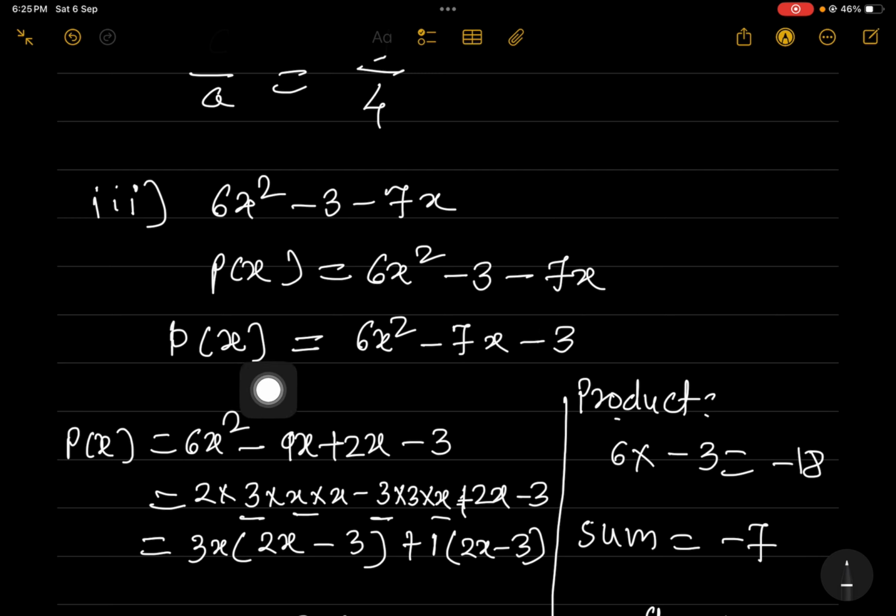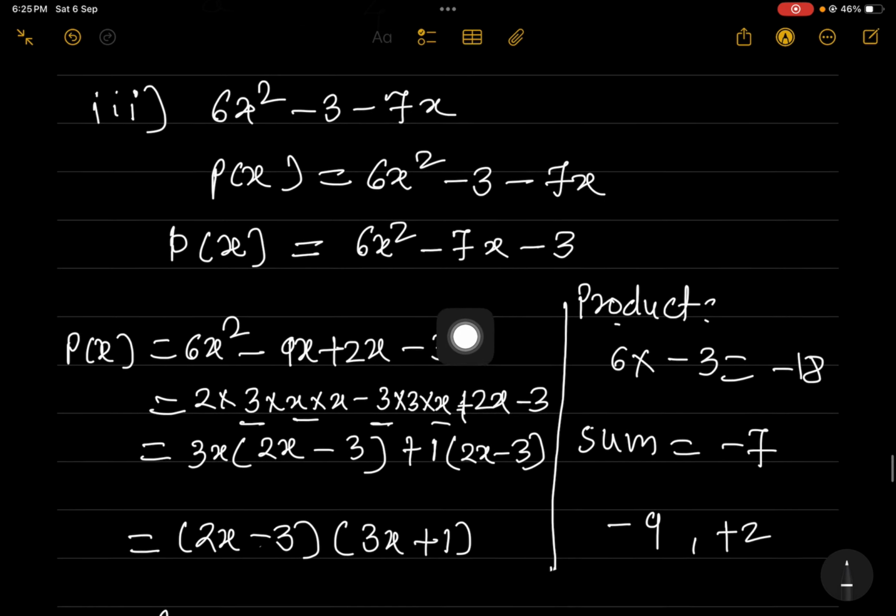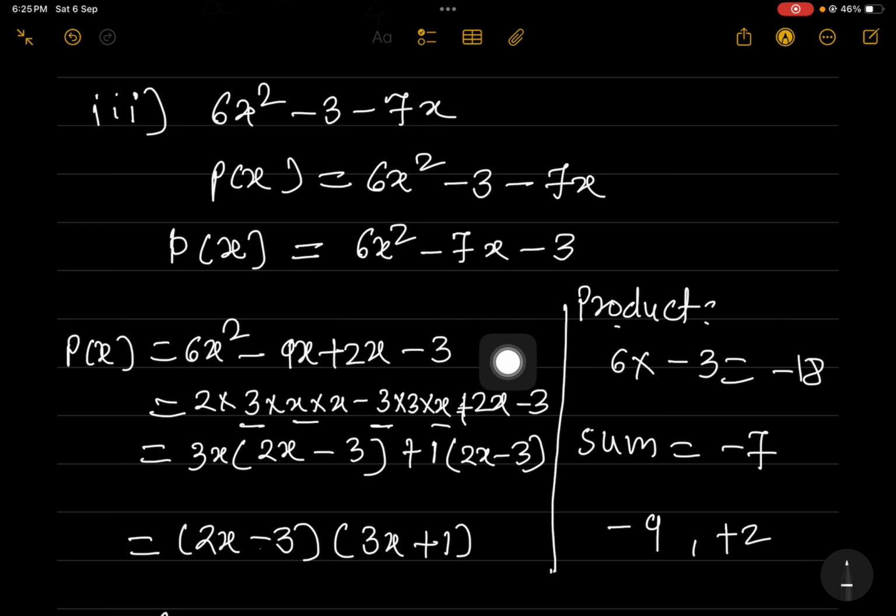We will write it in standard form, ax square plus bx plus c, with the x square coefficient first, then x, and the constant coming last. So 6x square, then minus 7x is the second term, and minus 3. Now minus 7x is the middle term.